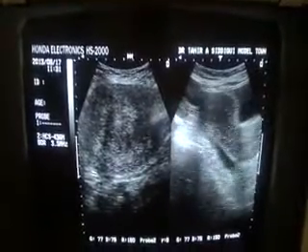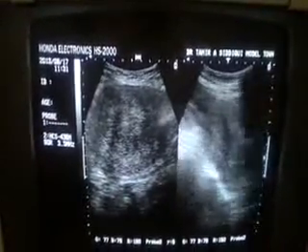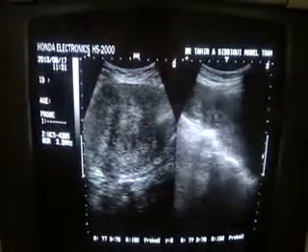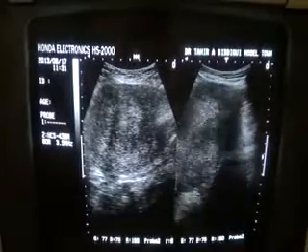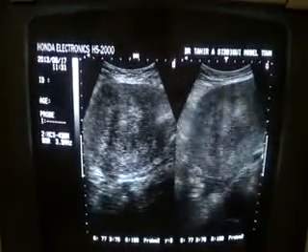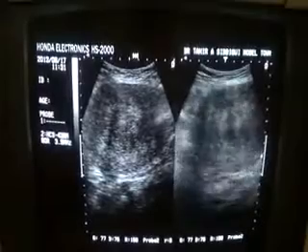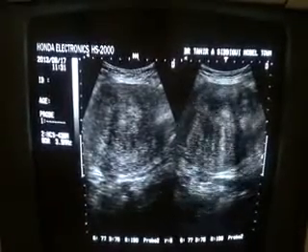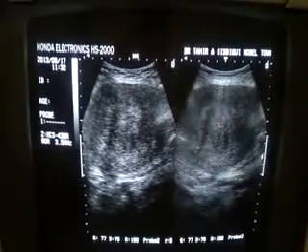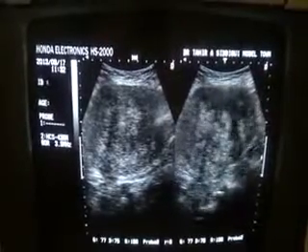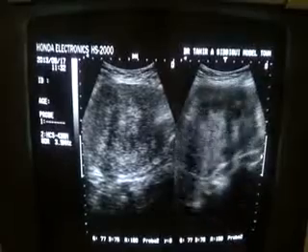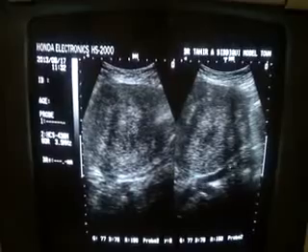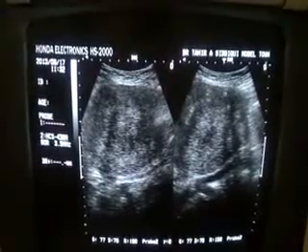This is the uterus, and when I move the probe towards the left side, here I can see a pedunculated fibroid, a large fibroid, with iliac vessels coursing posterior to it. Now this is an iliac vessel, and this is the fibroid.